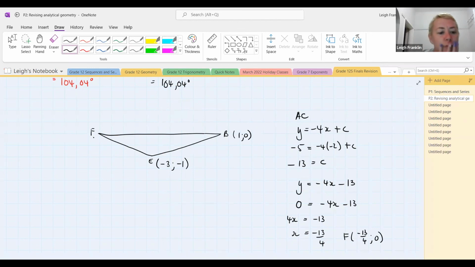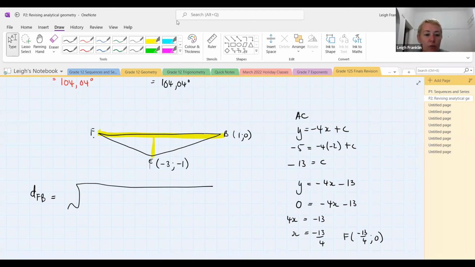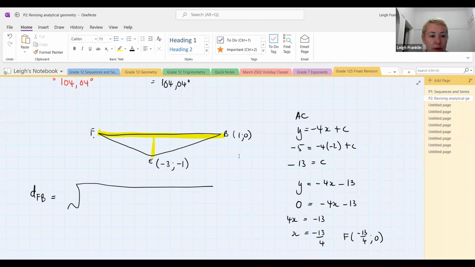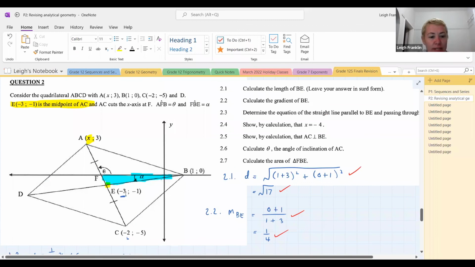Now we can calculate the length of FB. We can use this line over here as our base, and this line over here as our perpendicular height. Looking at the diagram, can you see that point E is at -3 and -1?